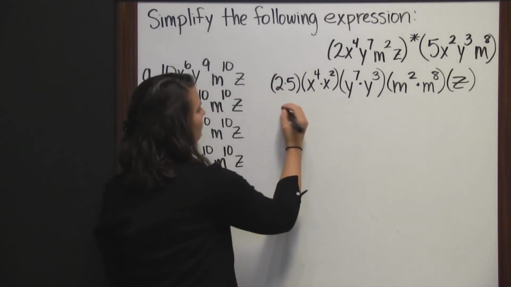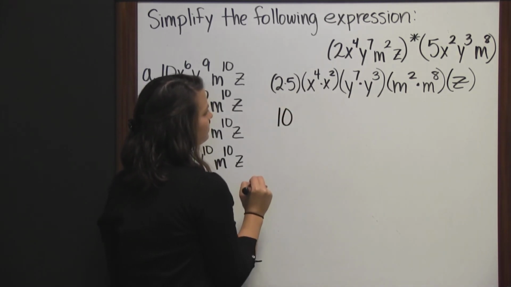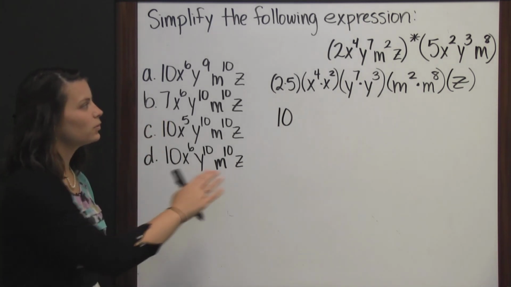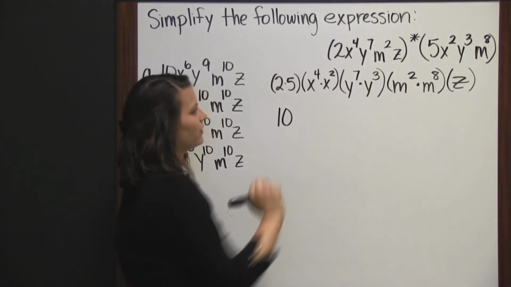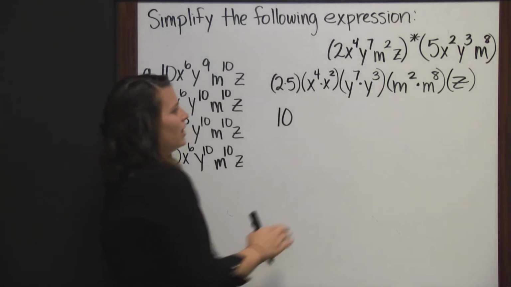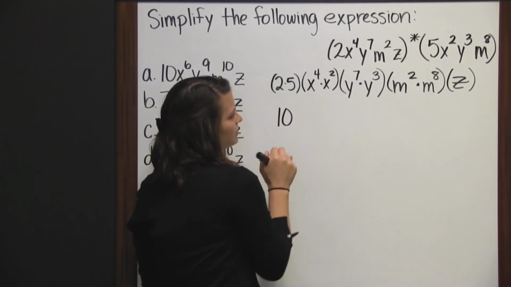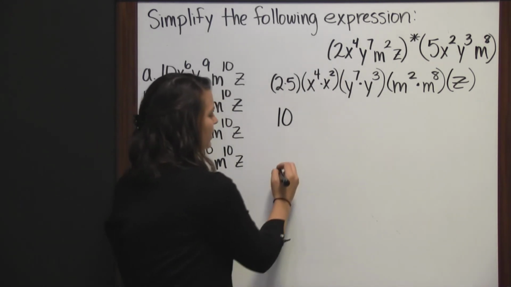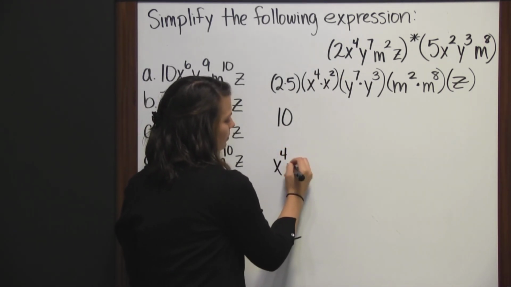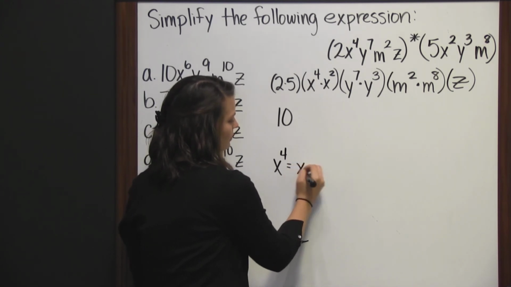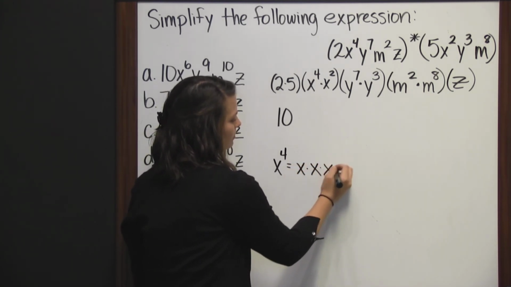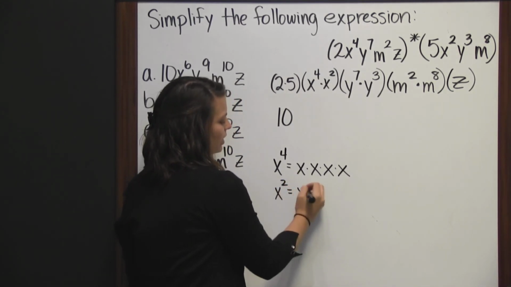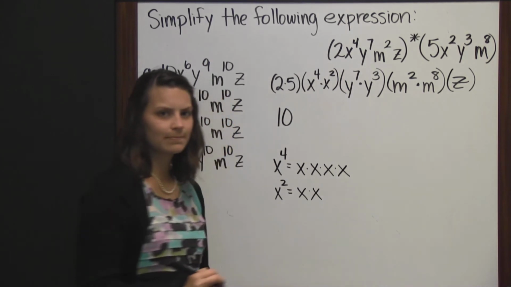So 2 times 5 is 10. And so right now you could already eliminate answer choice B because we're multiplying. We're not adding 2 and 5 together, we're multiplying. And then we get to our x's, x to the 4th times x squared. x to the 4th means x times itself 4 times, while x squared means x times itself 2 times.